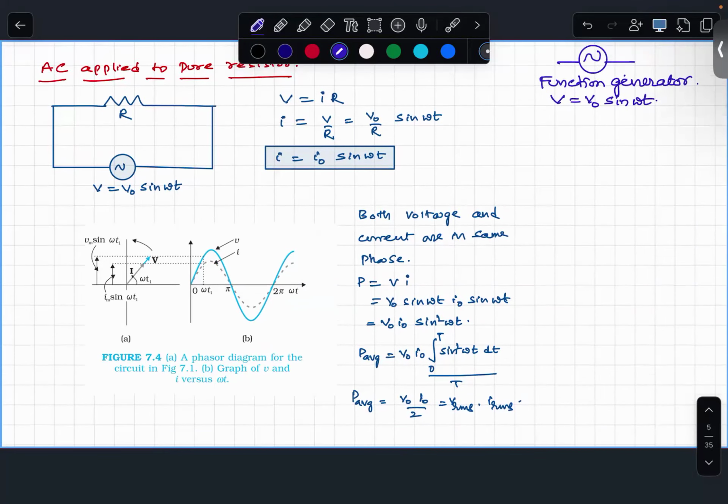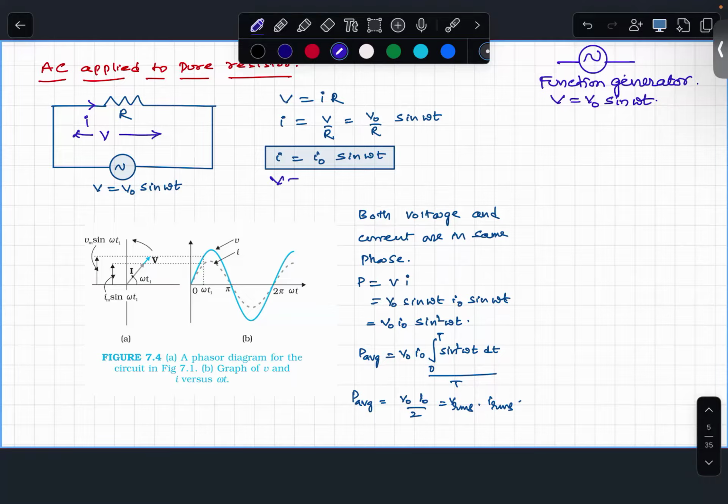At an instant when the current is I, at the same instant the voltage drop across this is, as I just said, I can use V is equal to IR if it is instantaneous. So what was my observation? I is V by R, V naught by R sin omega t, and I is I naught sin omega t.